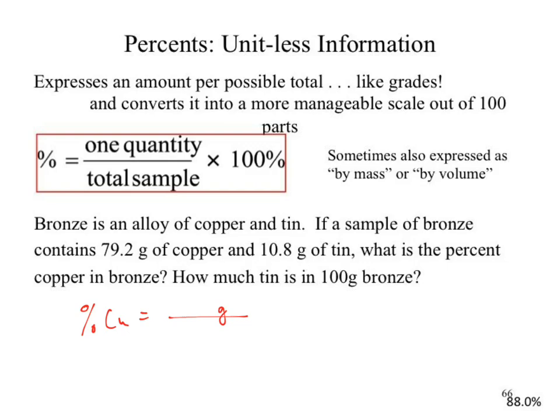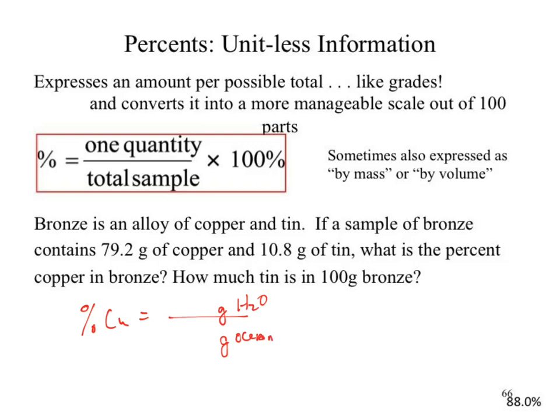Grams. I don't care about the units or the numbers. Oof, that was a bad thing to say. Okay, I want the units. Grams. 79.2 over 10. That's a number. Over grams. But it says percent copper. So grams of water over grams of the ocean.